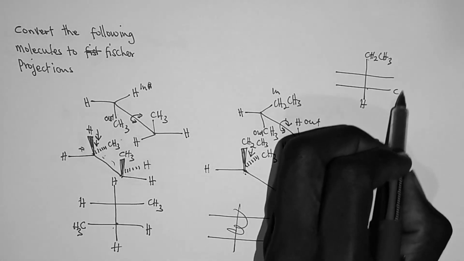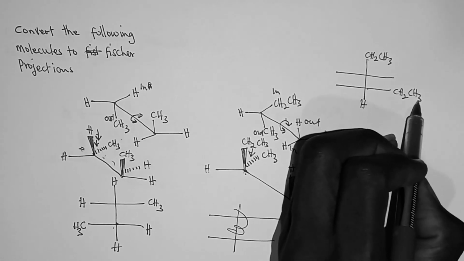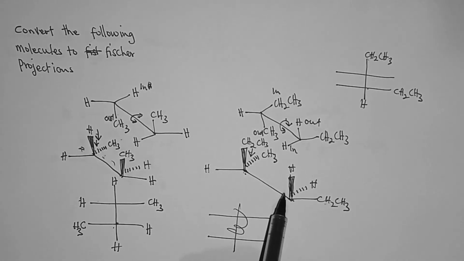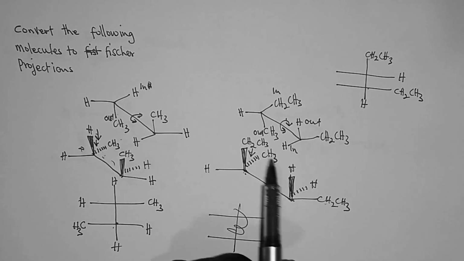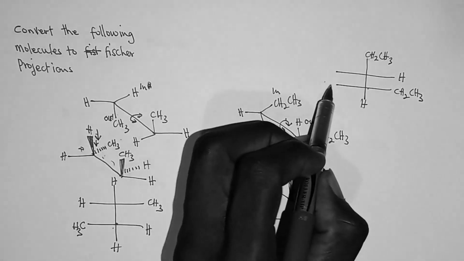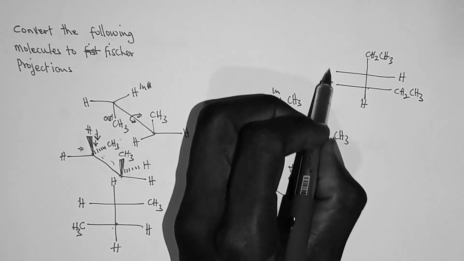And here is a CH2, CH3. And then this proton 2 will be on our right, because it will be seen by our right eye. But this CH3 will be on the left, viewed by the left eye, and this proton 2 will be on the left.